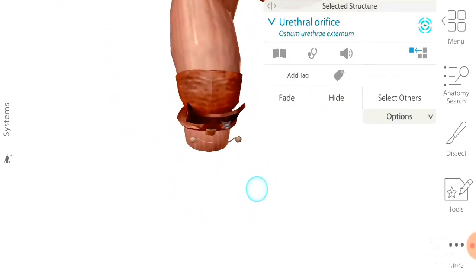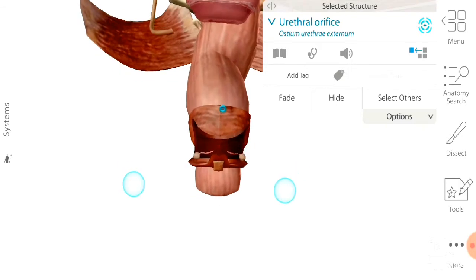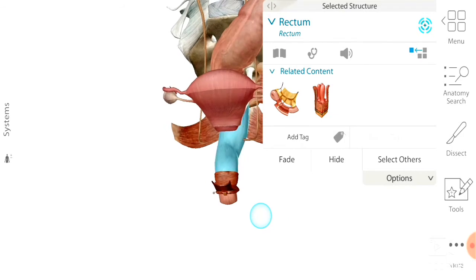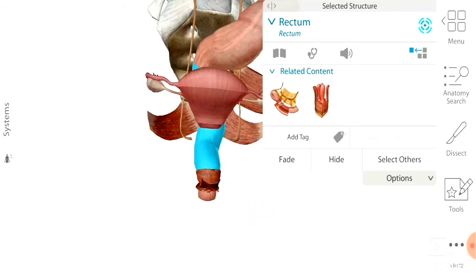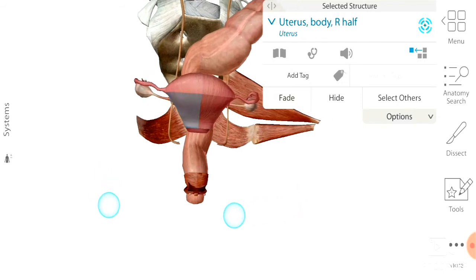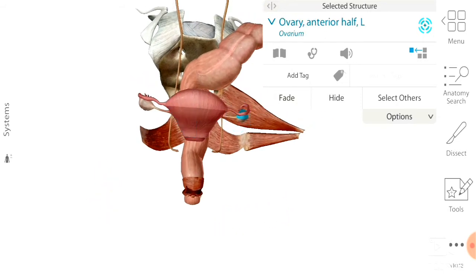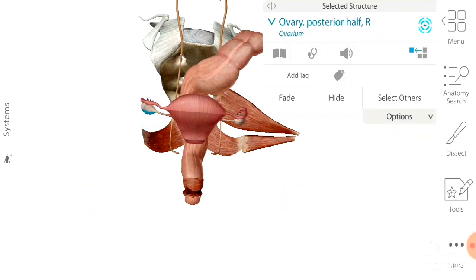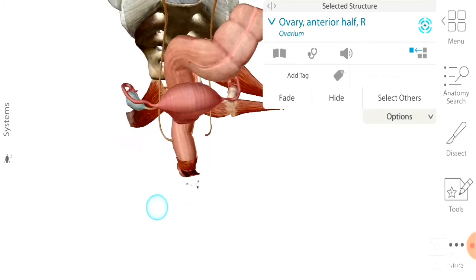Already we have seen it from the superficial layers of the perineum from the inferior view. Now, after removing all the structures, we are going to view clearly the internal anal sphincter and anal canal, central tendon of the urogenital triangle, that is the perineal body.